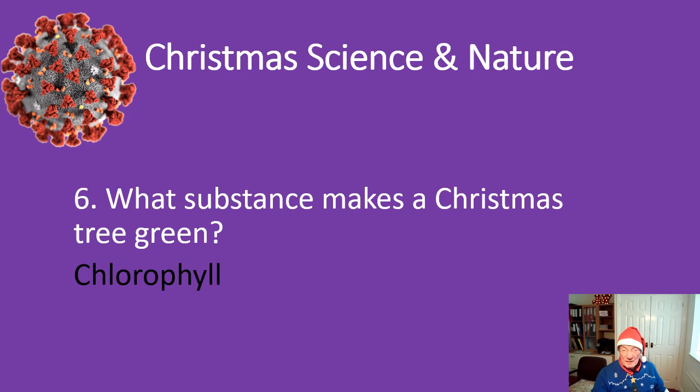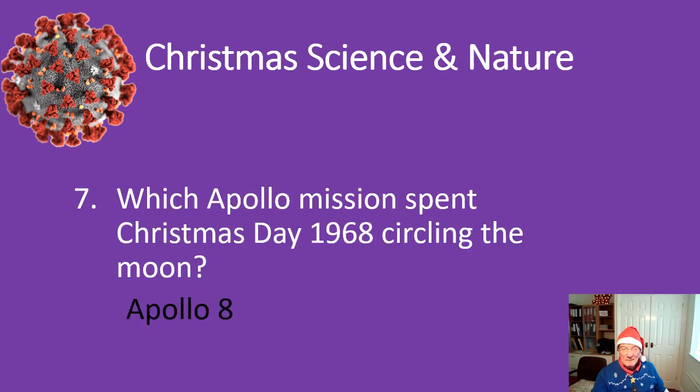Question 6. The substance that makes a Christmas tree green, is it chlorophyll? I won't ask you to spell it, but if it looks something like chlorophyll, you can have the point. The Apollo mission that spent Christmas Day 1968 circling the moon was Apollo 8.